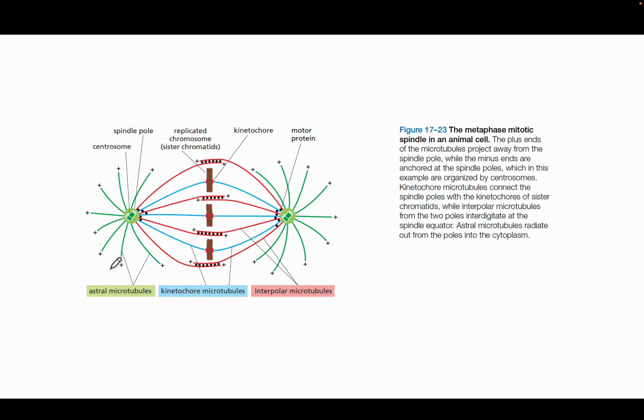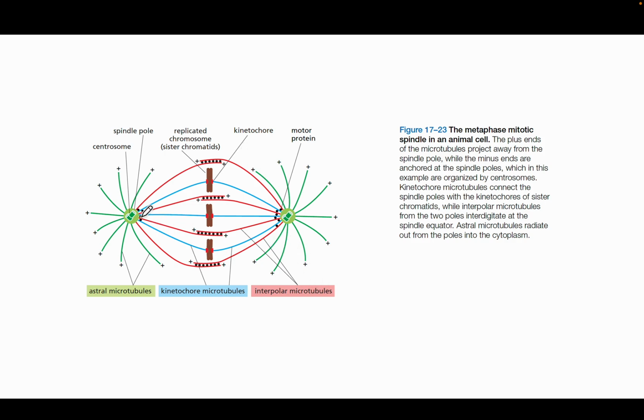Those radiating and going outside, towards the peripheral sides, are called astral microtubules. Those blue colored are kinetochore microtubules because they are associated with the kinetochores of sister chromatids. These red ones are interpolar microtubules.